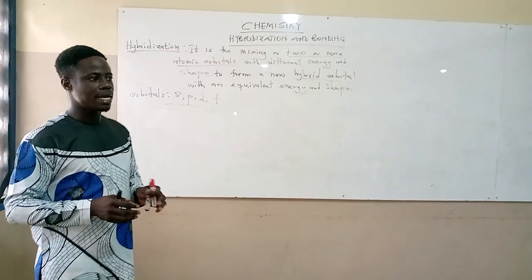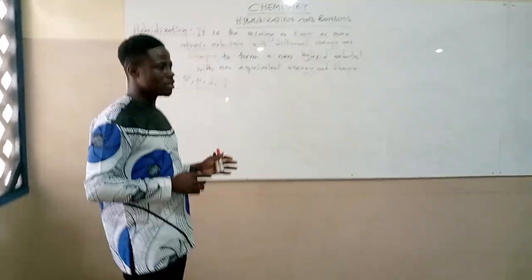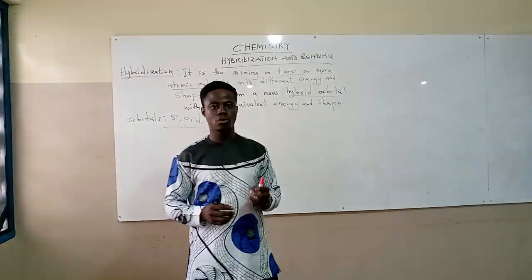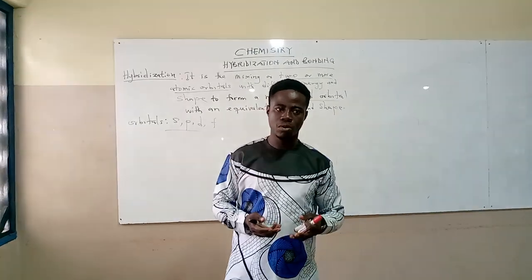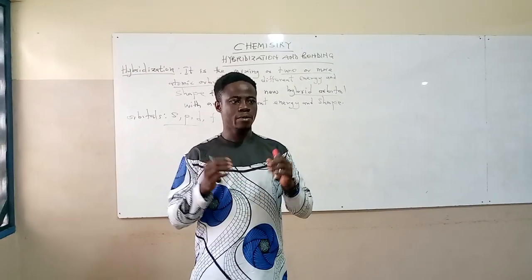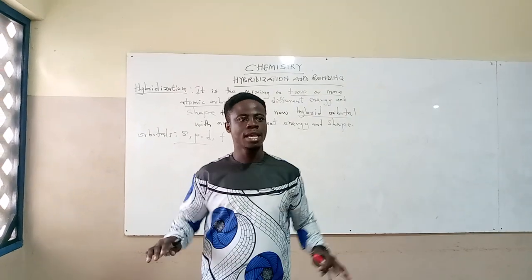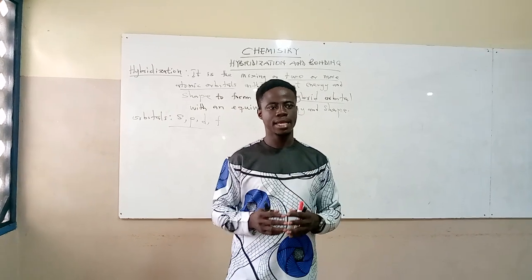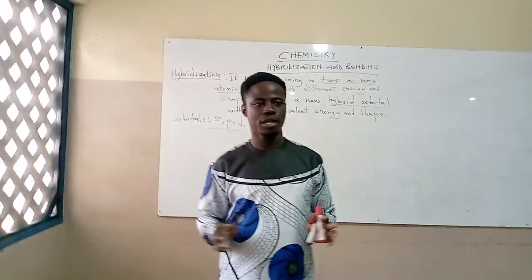When you have watched my previous videos on bonding, you understand what we call covalent bonding, metallic bonding, ionic bonding, and all that. We have to lay emphasis on the fact that the hybridization we are discussing takes place in covalent molecules.